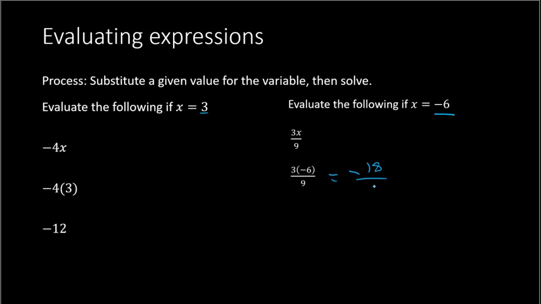So what we have is negative 18 over 9. And remember, the fraction means division. So we have negative 18 divided by 9. Well, 18 divided by 9 is 2. But one number is negative and the other is positive, and the same rules apply as with multiplication: if the signs are different, our answer is going to be a negative number. So our final answer would be negative 2.